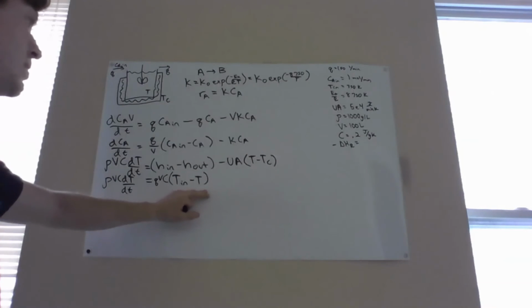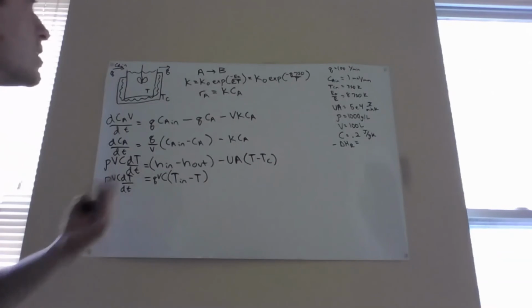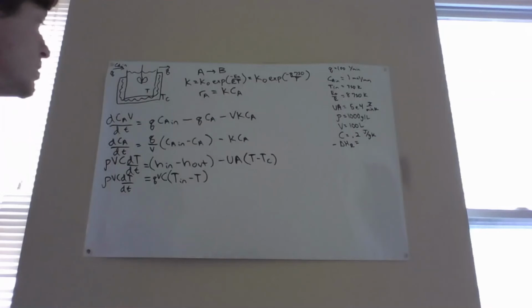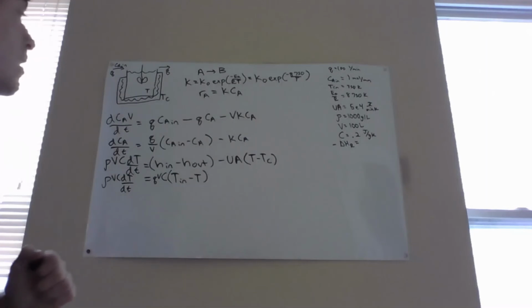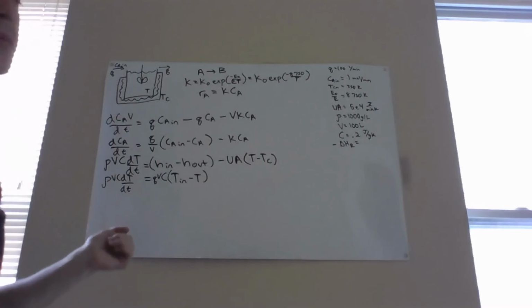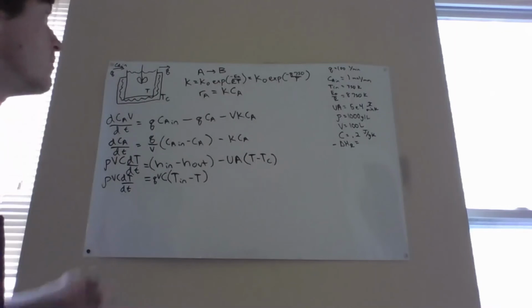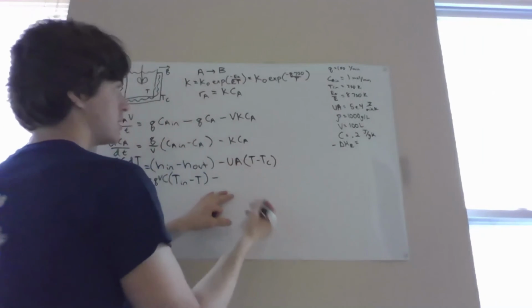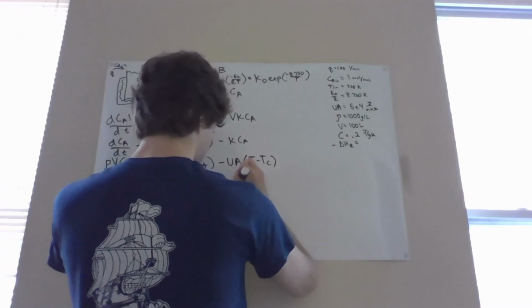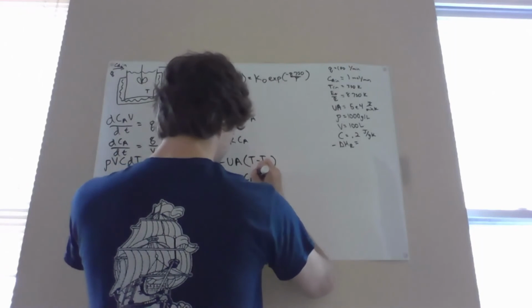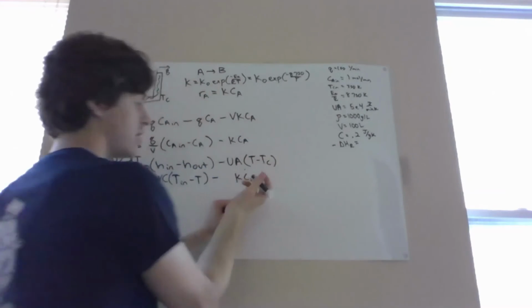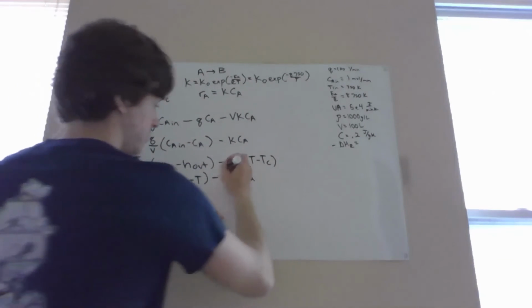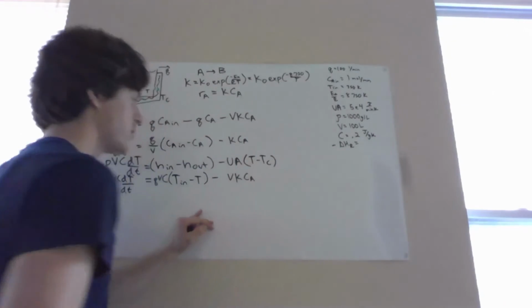The second part of the change in enthalpy is the heat added by the exothermic reaction of A to B. So this is just our reaction rate, which is our reaction constant K times the concentration of A. Remember, it's on a per volume basis, so we have to multiply by the volume of our reactor.